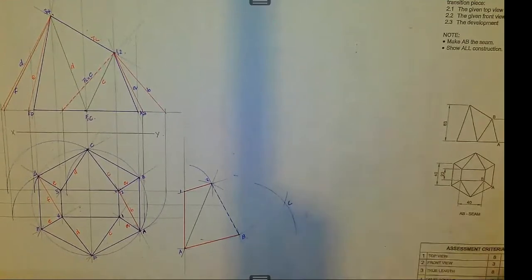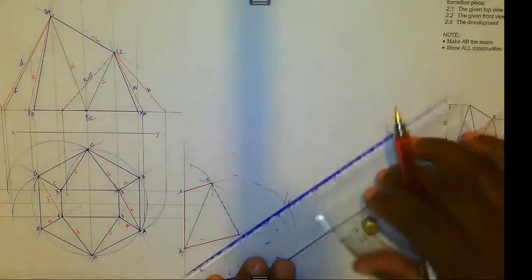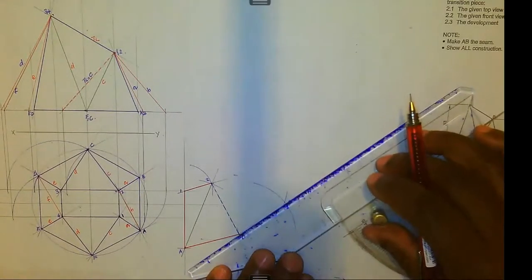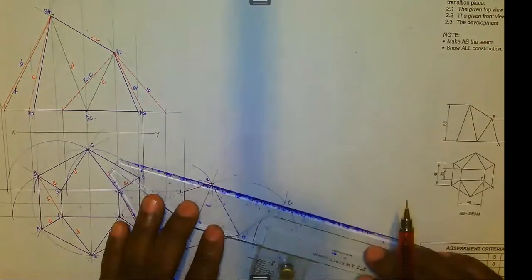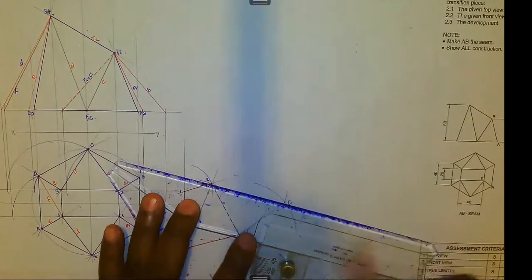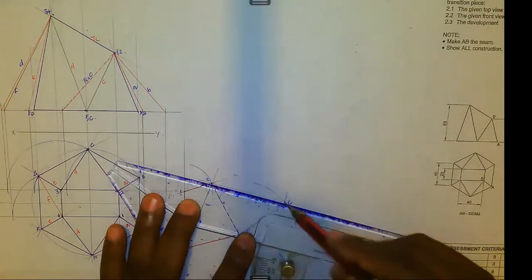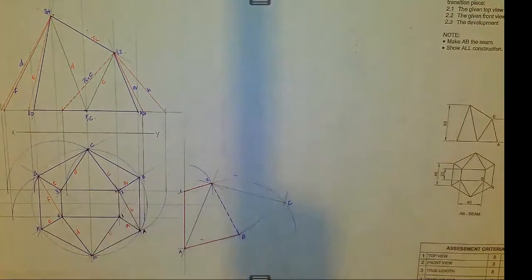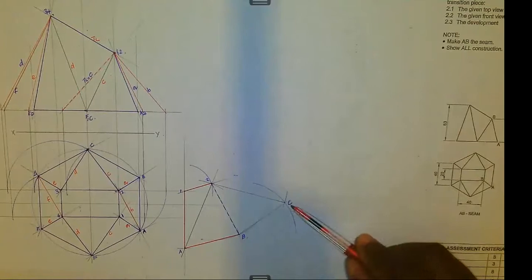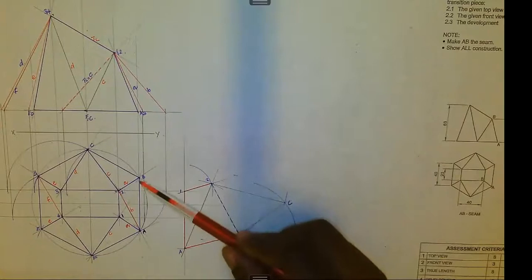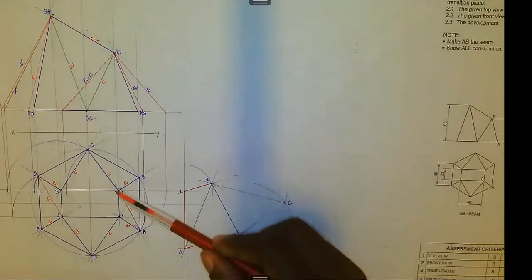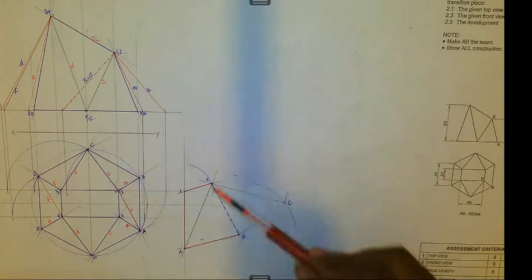At point C, there you go. Point C is connected to point 2, like that. Now, this one can be outlined because it's not going to change. So we have got the true size of this panel, 2BC. 2BC is represented here. So I'm going to outline this.